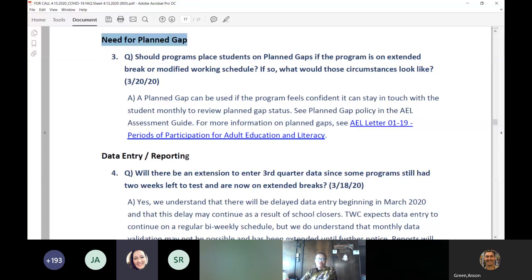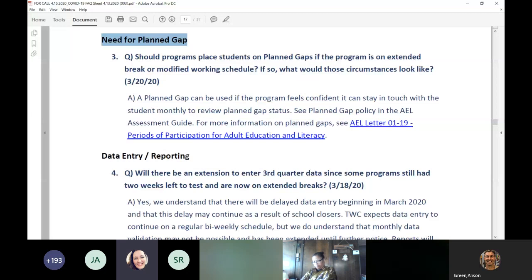So I just want to spend some time. We've got some questions in about that. So the question is, should programs be utilizing the planned gap to help during this extended break for students? And that's an option that's definitely available to you.